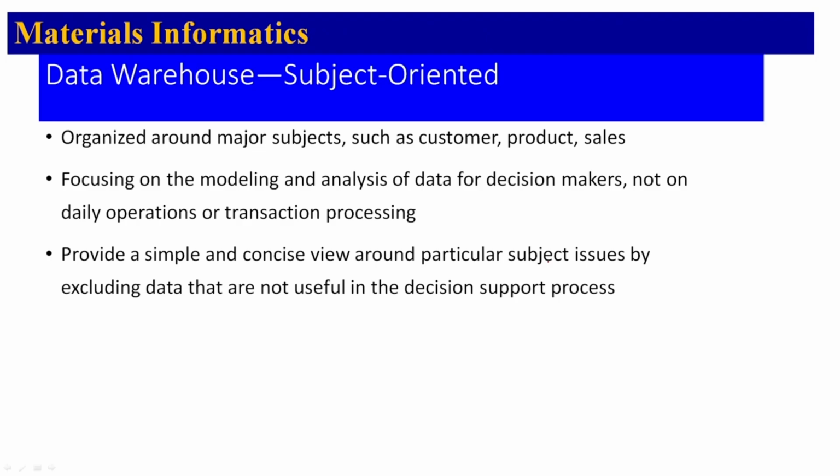It must focus on modeling and analysis of data for decision makers, not on daily operations or transaction processing. You cannot do that, because then it becomes clumsy. So, you have to focus on modeling and analysis of data for decision making, and it must also provide a simple and concise view of a particular subject matter. That is what is required.